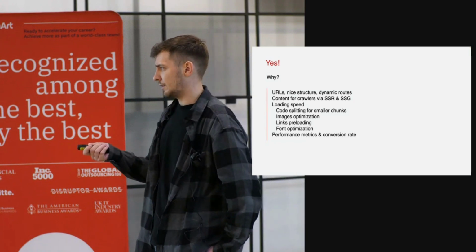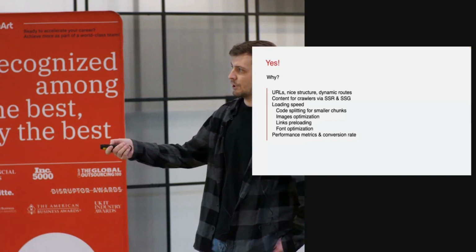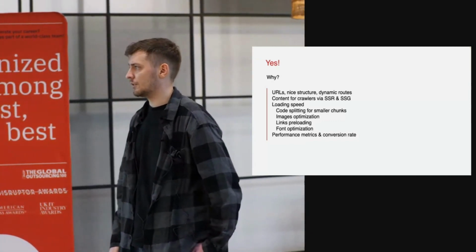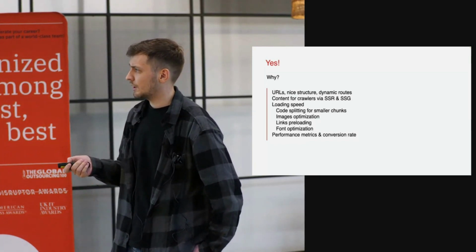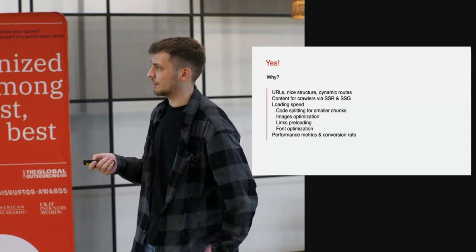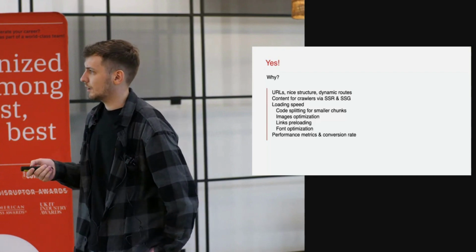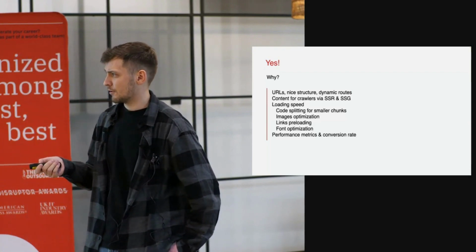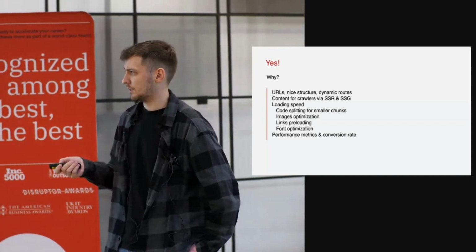It is not something new, but it's supported as well. Then Next.js cares about how images are rendered and how they are optimized. I will talk about them in a separate slide. As well, Next.js handles link preloading. I will talk about it on the next slide. It takes care of fonts and in general of performance metrics and conversion rate.